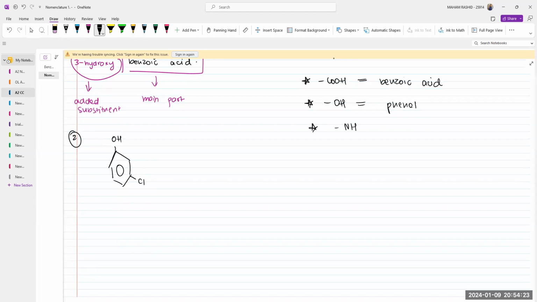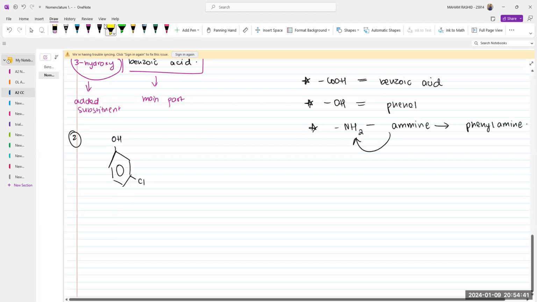And if an NH2 is part of the root name, it's going to be named an amine. This is basically an amine, so this will give you phenylamine. Now, this looks like a lot, but when we start with reactions and everything, this will literally become part of chemistry language. You won't need to remember the rules, right?